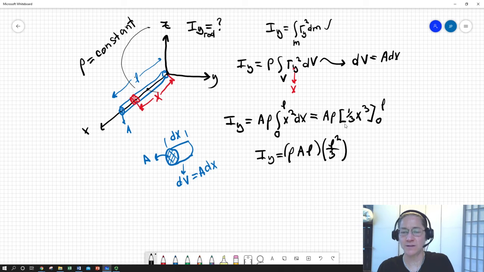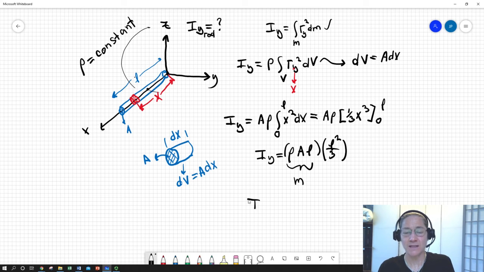That's popping in those limits of integration and rearranging a bit. So I had 1/3 L cubed times A times rho, the density, but I took one of those L's out and combined it with the rho and the A because that allows me to express this as the full mass of the rod. Density times the area times the full length gives me density times volume, so that's mass.